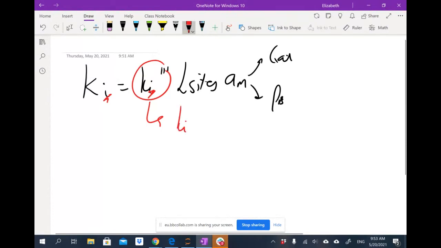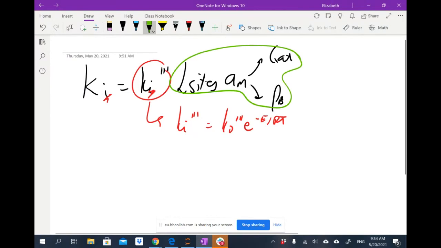So Ki triple dash is K naught triple dash e to the minus E over RT. None of these factors carries any temperature dependence with them, right? So they don't affect the fact that all my rate constants, Ki volumetric, Ki area based, Ki dash, the mass based one, all of them carry the Arrhenius temperature dependence, right?